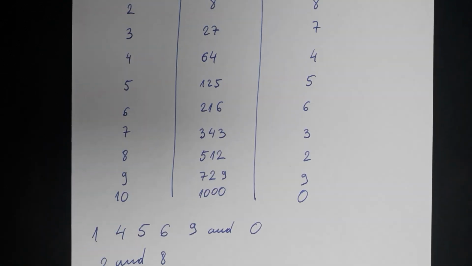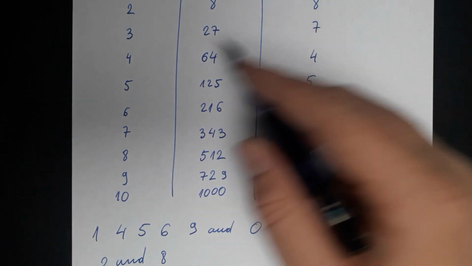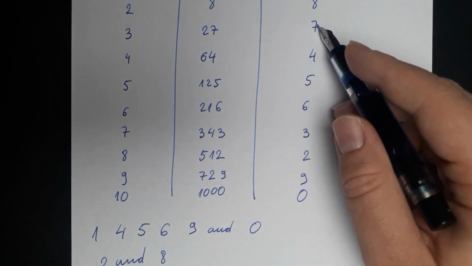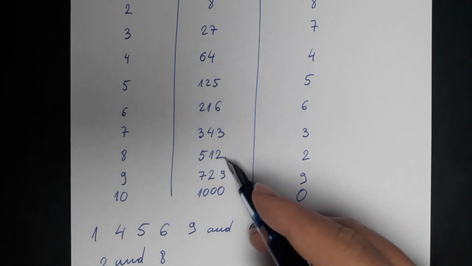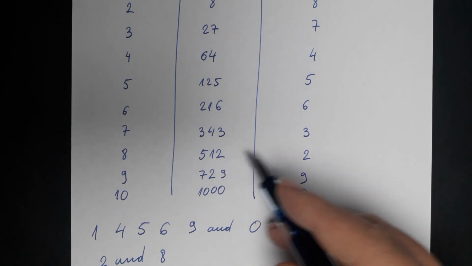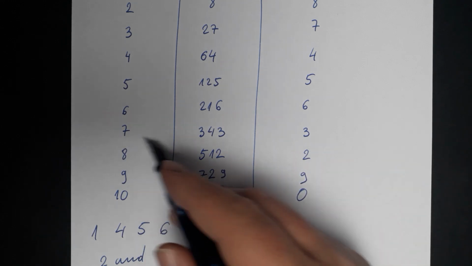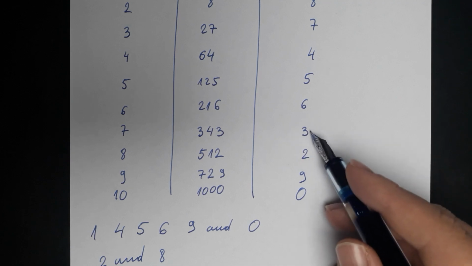The last digit for number 2 is 8, and the last digit from number 3 in 27 is 7. Of course, the last digit for number 8, which gives the cube of 512, is 2. And the last digit for number 7 with a cube of 343 is 3.